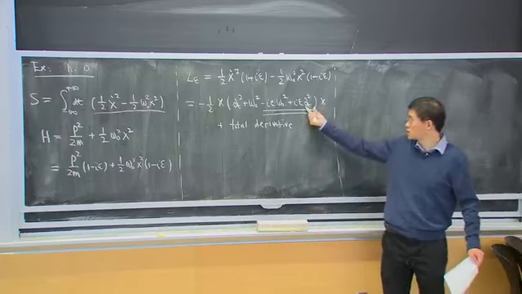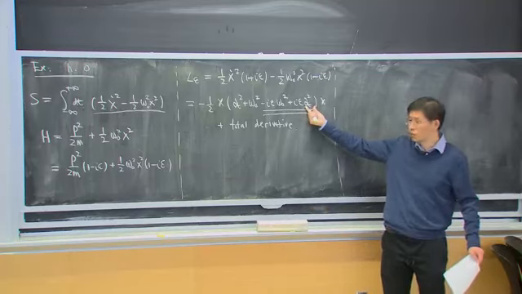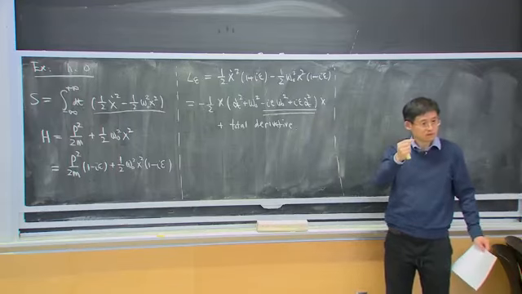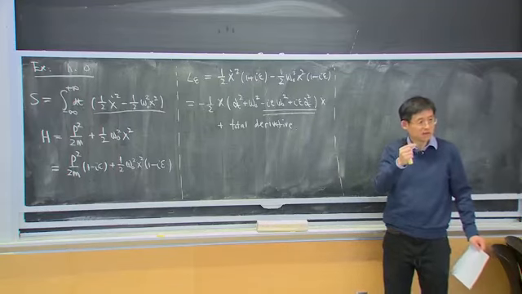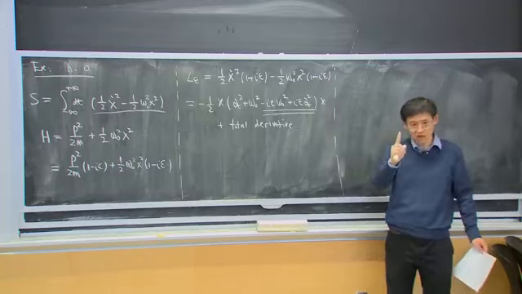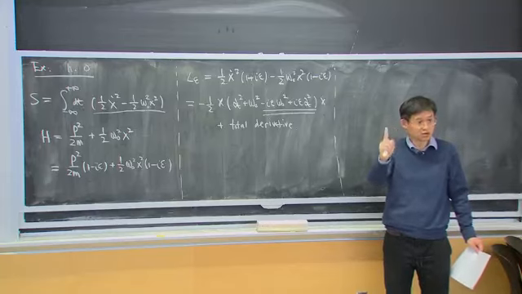Now partial t squared is a negative definite operator. Remember, whenever you do a Fourier transform, a single partial t gives you i omega, and partial t squared gives you minus omega squared.